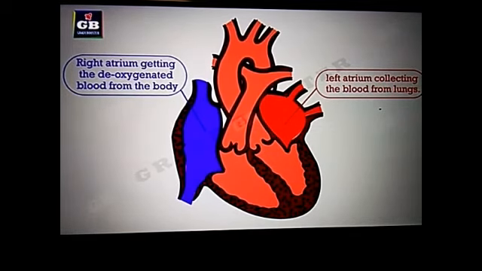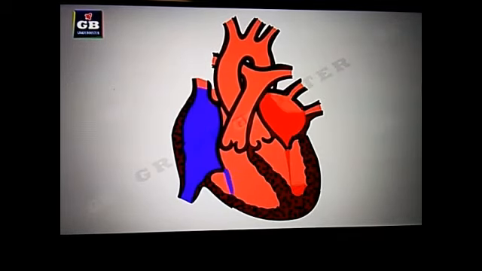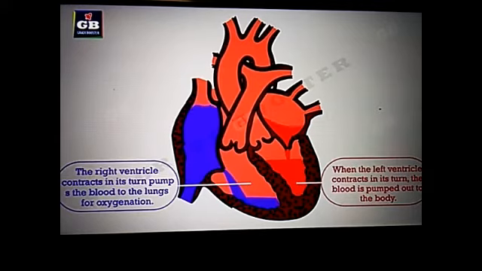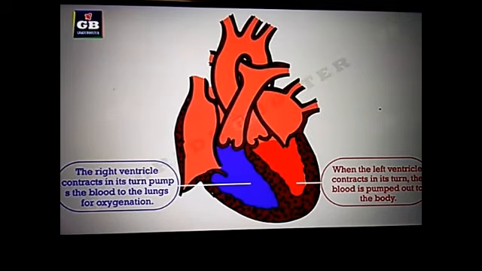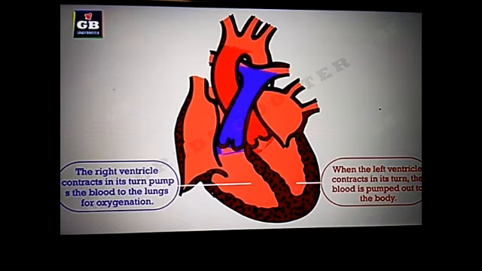As they contract, the left ventricle and right ventricle expand so that the blood is transferred to them. When the left ventricle contracts in its turn, the blood is pumped out to the body. The right ventricle contracts in its turn and pumps the blood to the lungs for oxygenation.